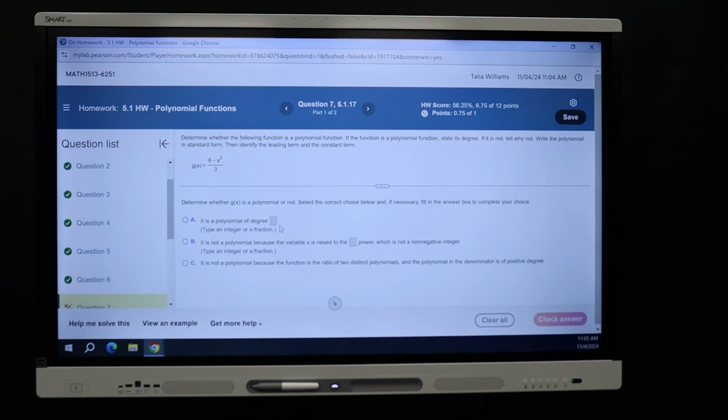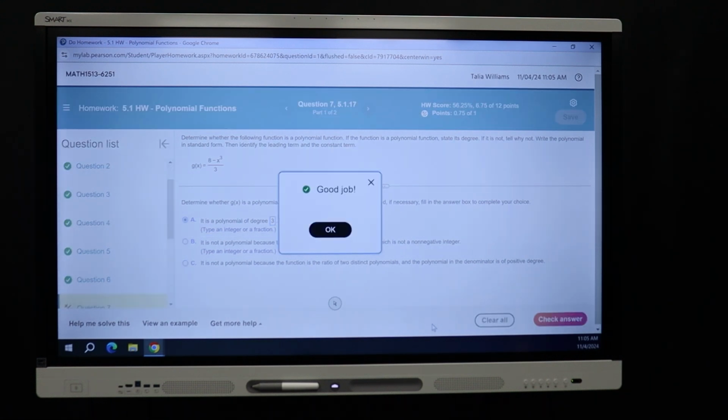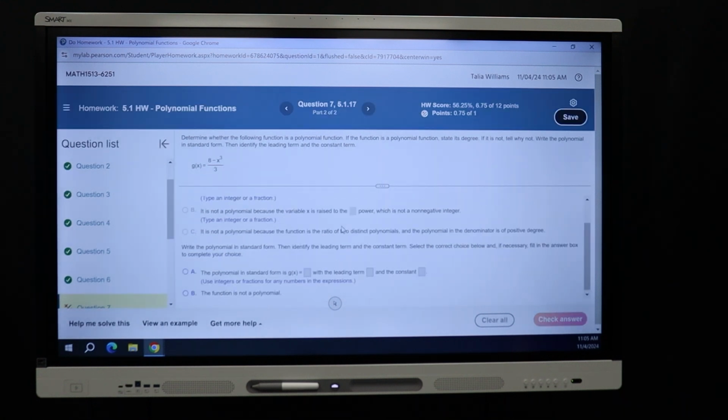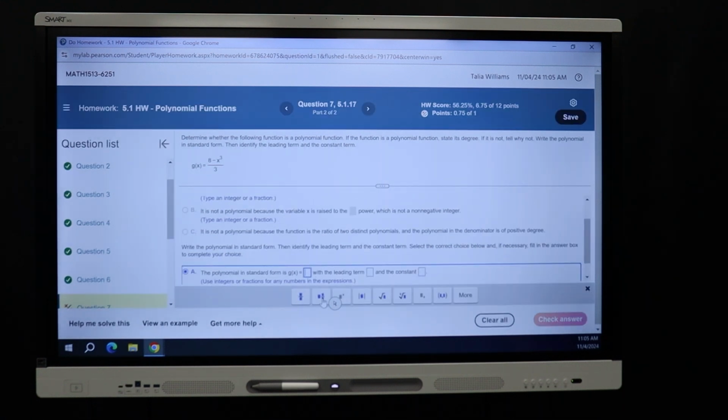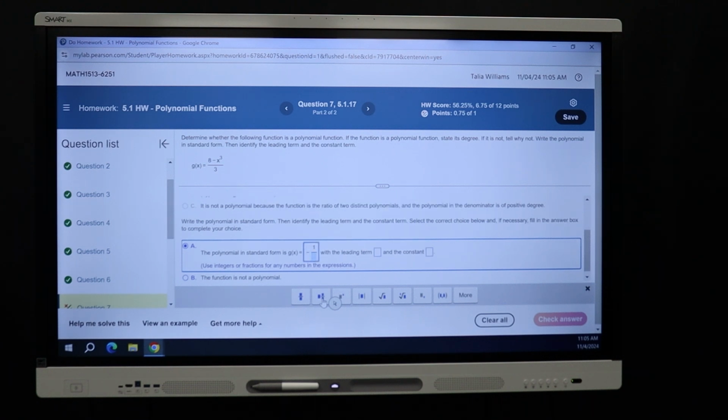Since we know the degree is 3, because that is our highest exponent. Our new one is 8 subtract x cubed. This is one reason I like to do it though, because I need to know how they want me to type it in. So instead of just doing x, they want us to put the 1. So negative 1/3 x cubed, and then plus, because my 8 is positive, 8/3.